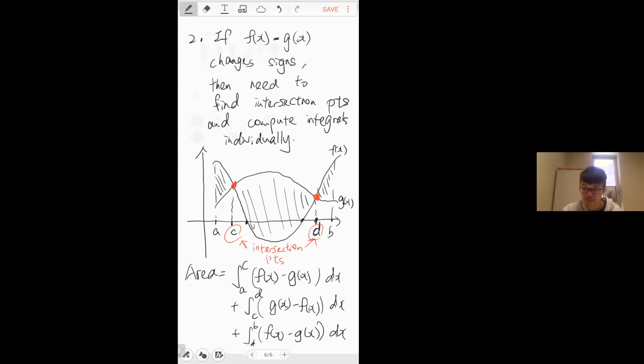Is it okay? Does it make sense? So my point is, in general, you have to find the intersection points first, and then set up your integrals. Questions?